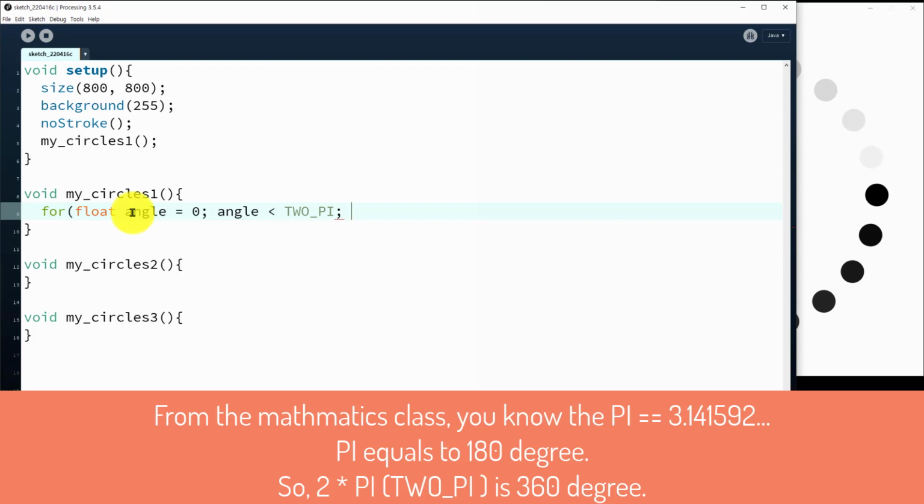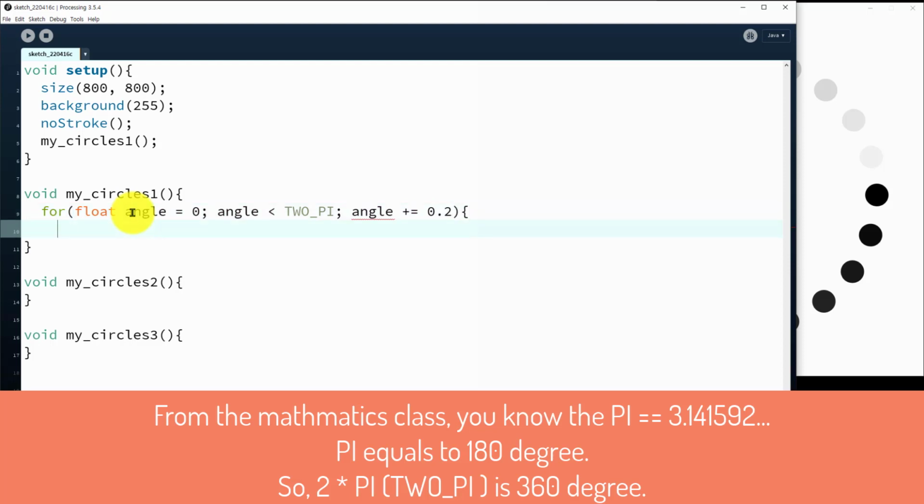So 2 pi is 2 times 3.14, right? This pi is the same as the pi in mathematics, and angle will be incremented by about 0.2 or 0.3. So what is pi?